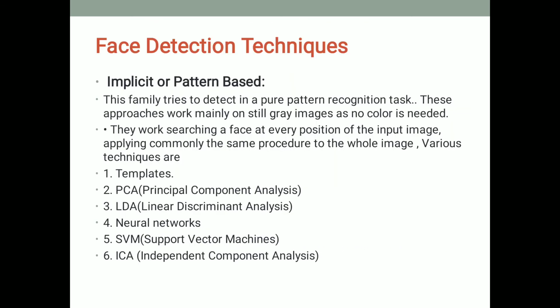Face detection techniques: the first type is the implementation of pattern based. In this, first of all, we need template, PCA, principal component analysis, and linear discriminant analysis. The fourth one needed is neural network and support vector machines, and the last is independent component analysis.